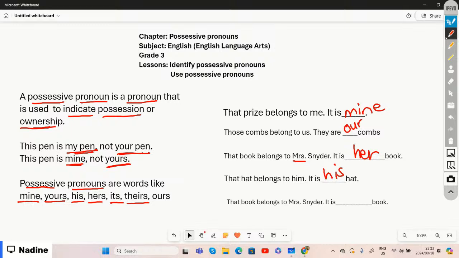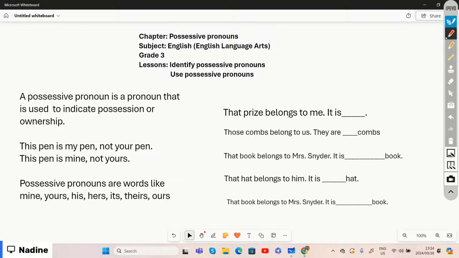Mrs. Snyder's is a female. All right, so if we were to choose the possessive pronoun, we can say that book belongs to Mrs. Snyder's. It is her book. So well done. Her is correct.